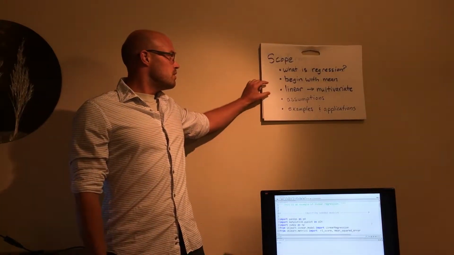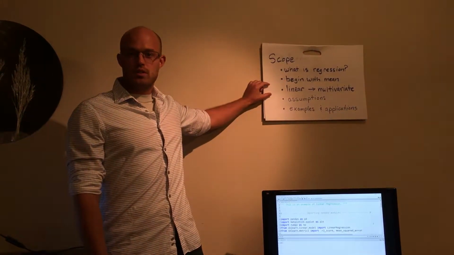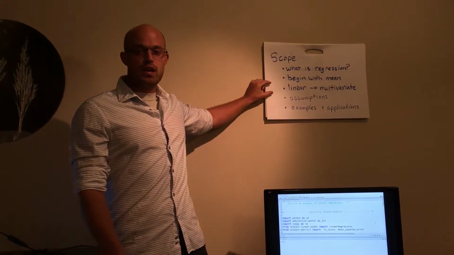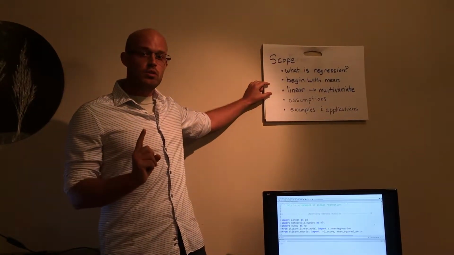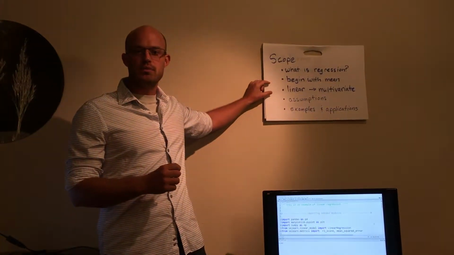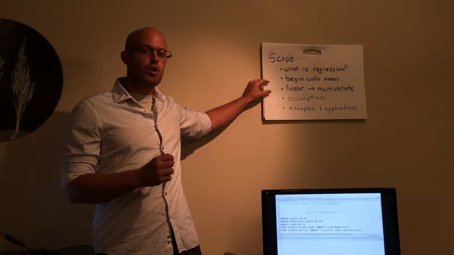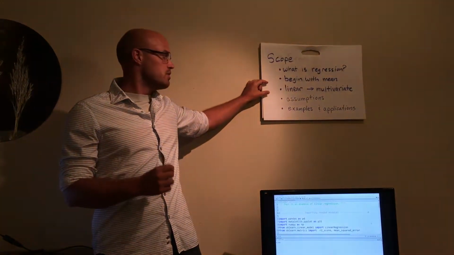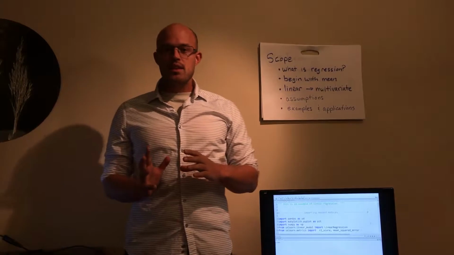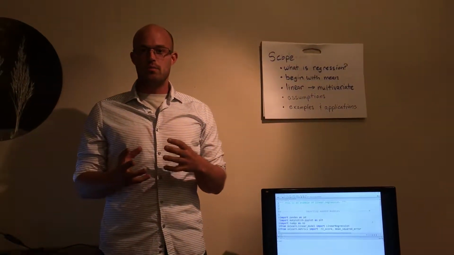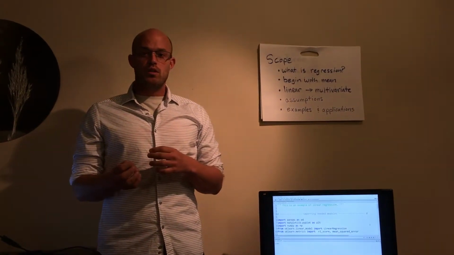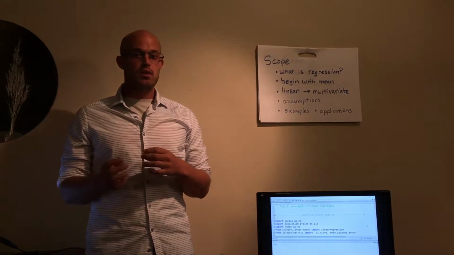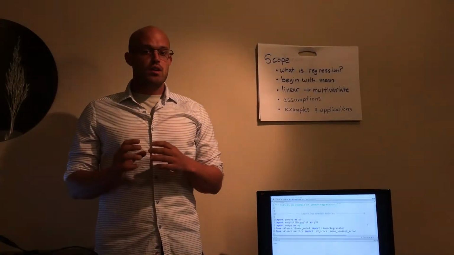When we're looking at regression models in this course today, we're going to focus on linear models with one variable, which is sometimes known as simple linear regression, or multivariate linear regression. Now, with anything, there are assumptions that must be upheld. With regression, there are 4 assumptions, and we'll go into depth on these.